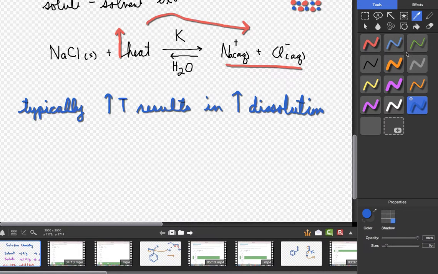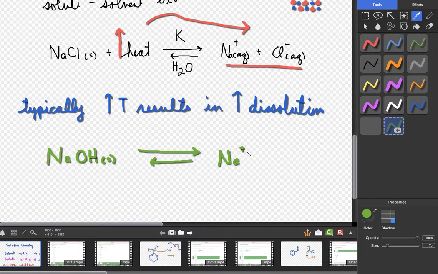But as I said, there are exceptions to this, and one of the most notorious exceptions to this is NaOH. NaOH is very highly exothermic. So let's say I had some NaOH pellets, and I wish to make a solution. Now I'm not indicating this in the detail that I should, but Na plus and OH minus are completely solvated.